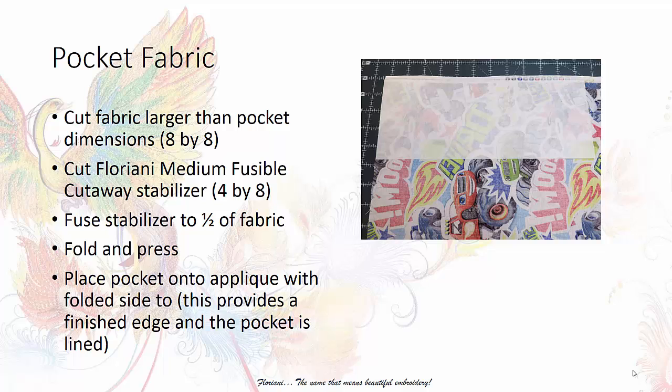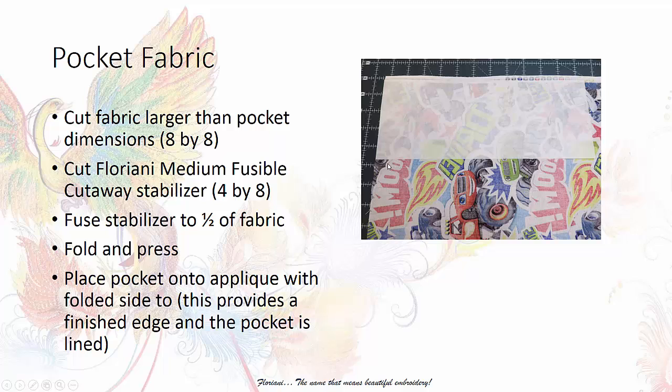I then cut a piece of Floriani medium fusible cutaway stabilizer 4 inches by 8 inches. I laid the stabilizer down onto the fabric. I fused this in place, and this is the wrong side of the fabric. Once I had that fused in place, I folded the fabric back on top of there and then cut it.